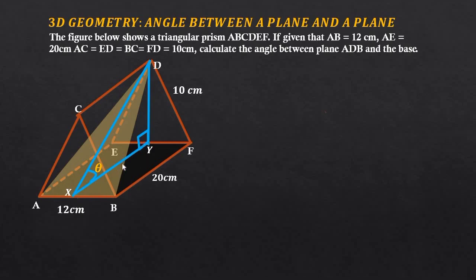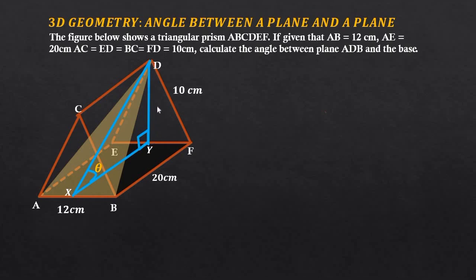It is 20 centimeters because XY is parallel and equal to BF, which is already 20 centimeters. Remember, we'll be interested in this triangle because it will help us get the size of angle theta if we know the measurement of at least two sides. So already we know XY and we can determine DY.